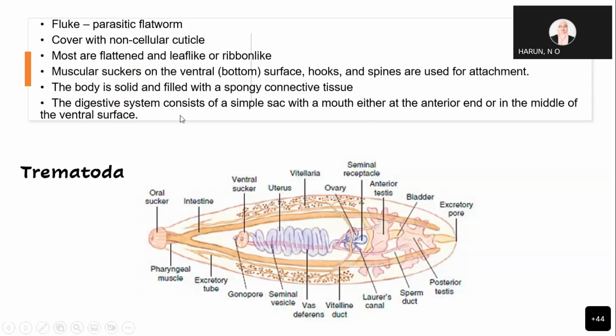The digestive system consists of a simple sac with a mouth either at the anterior end or in the middle of the ventral surface. As you can see, this is the oral sucker and this one is its excretory pore. So their body system is very simple. Even though they have a few organs like the ovary, the anterior testes, the bladder, this is how it looks like.